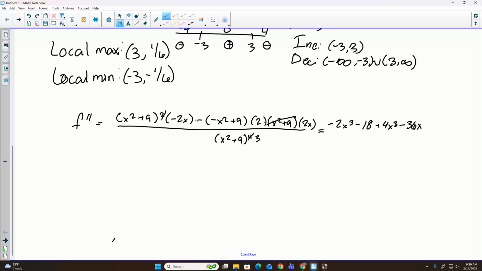To reduce the x squared plus 9 over everything, it's just multiplying out what's left.